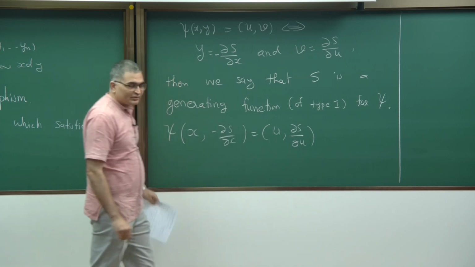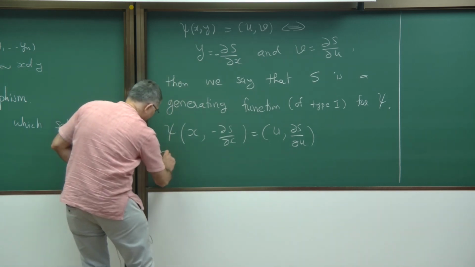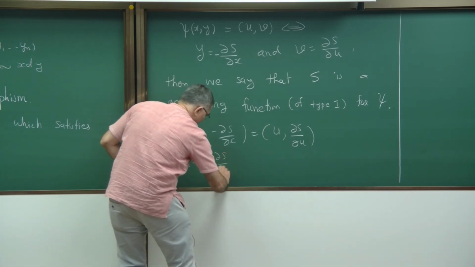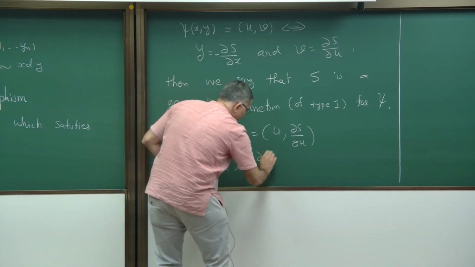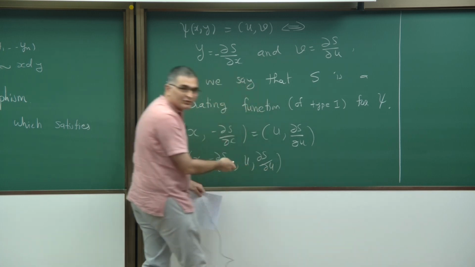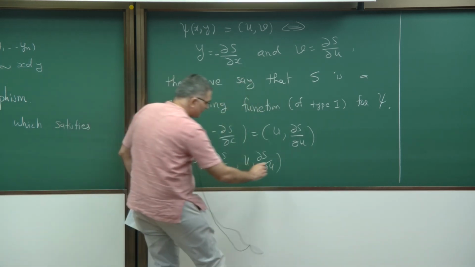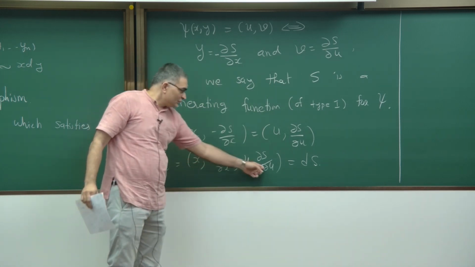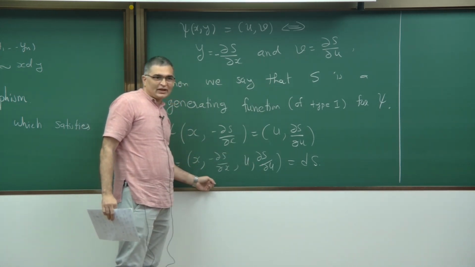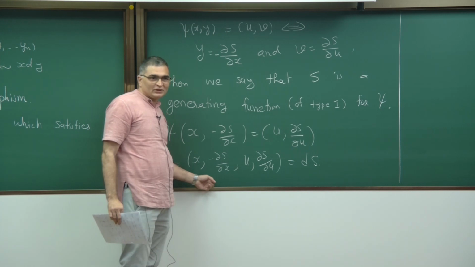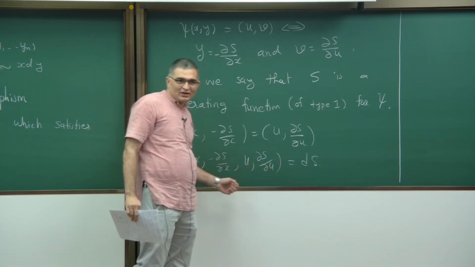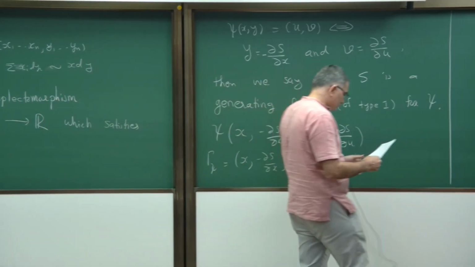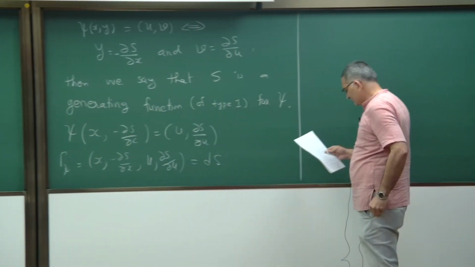If you look at the graph of psi, it looks like the graph of d of S, because S is a function of the u and x variables. So, this is d of S, up to a coordinate change.